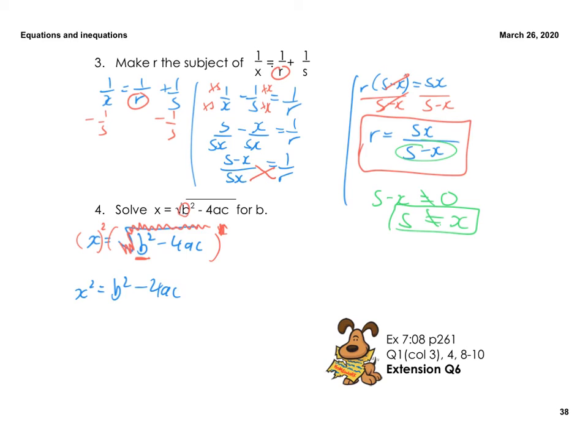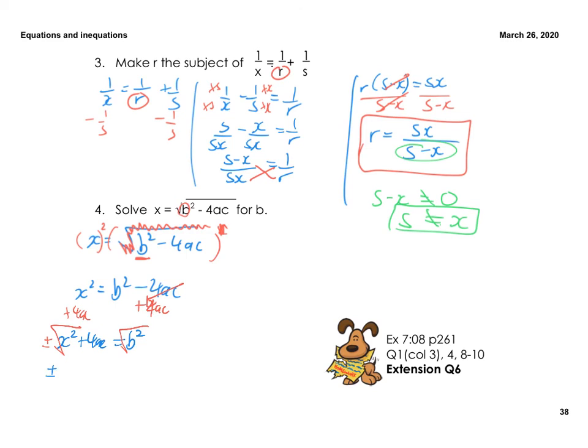Again, still trying to get this by itself. Next step, I would add 4ac to both sides. We now have x squared plus 4ac equals b squared, then square root.